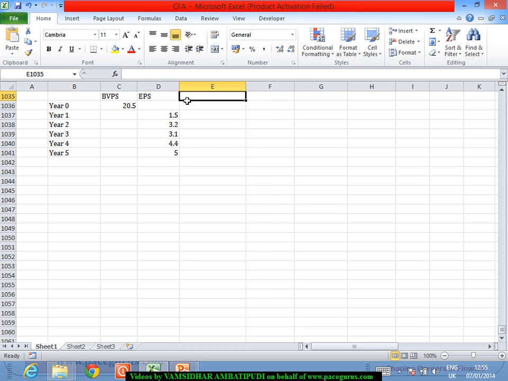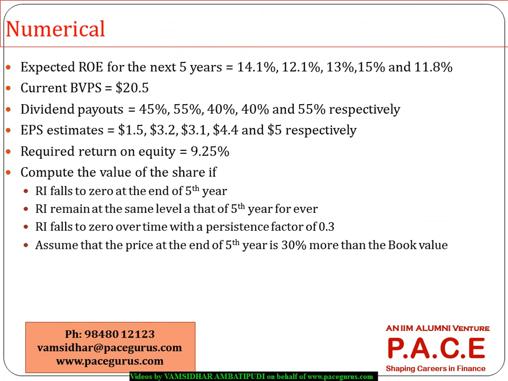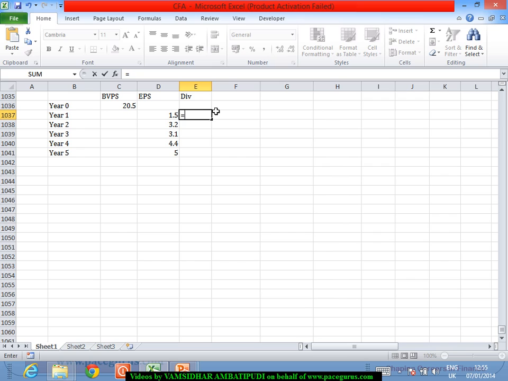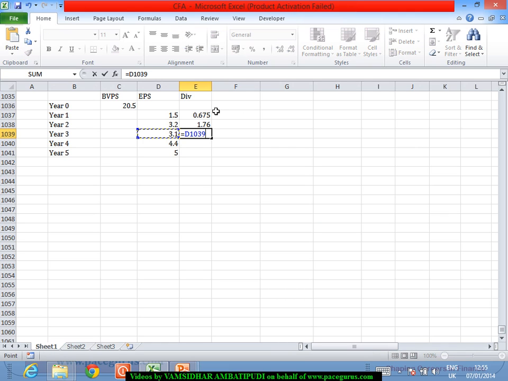Then we are talking about the dividends that are getting paid off, 45%, 55%. So out of this I'll take 45% as the dividend. For the second year I'll take 55% as the dividend, then 40, 40 and 55. So the third year also I am taking 40%.